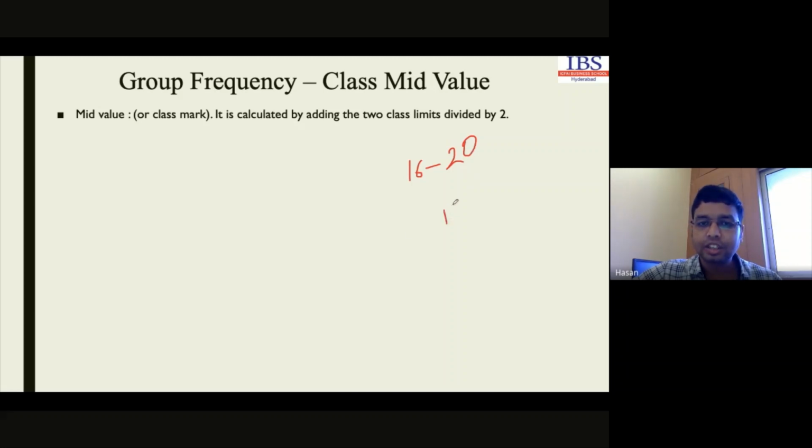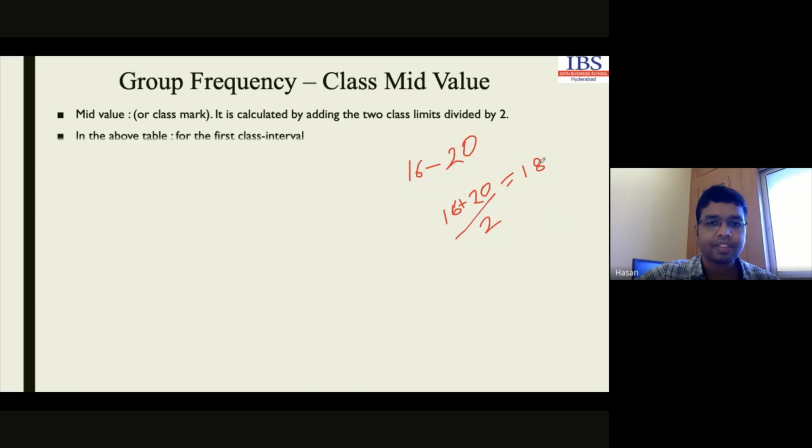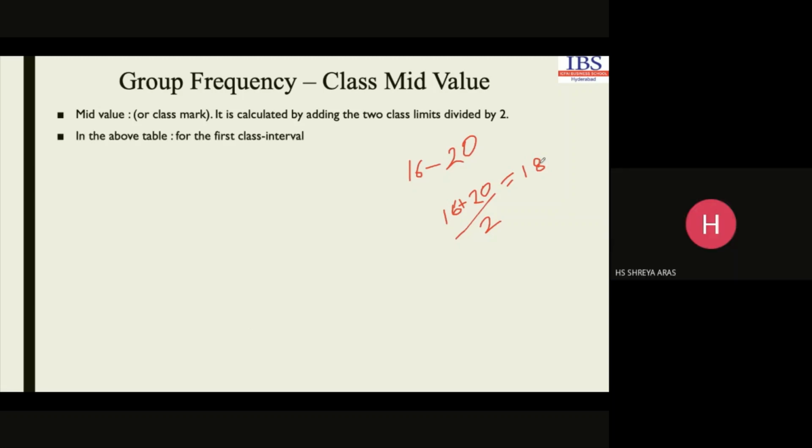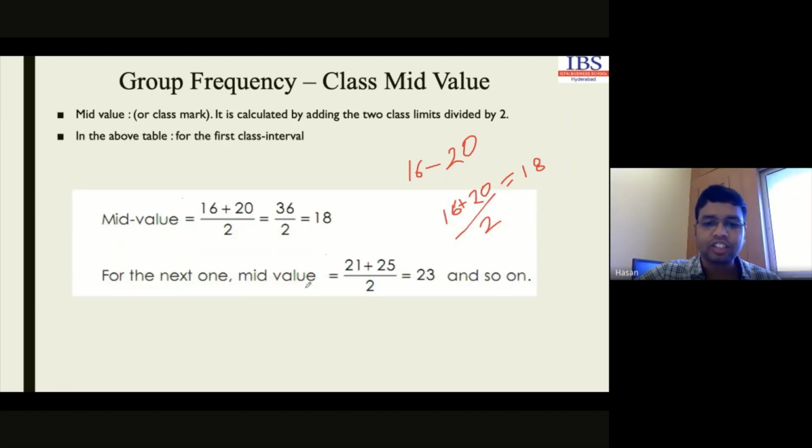That means the lower class limit for a particular class plus the upper class limit for the corresponding class, divided by 2. This will give the class mid value. In this case it will be 18. This is the formula. For the next class it will be 23 and so on. This is very simple.